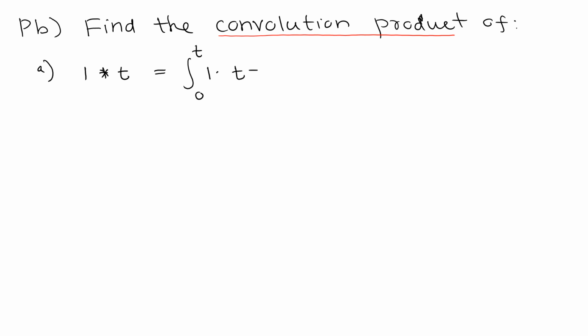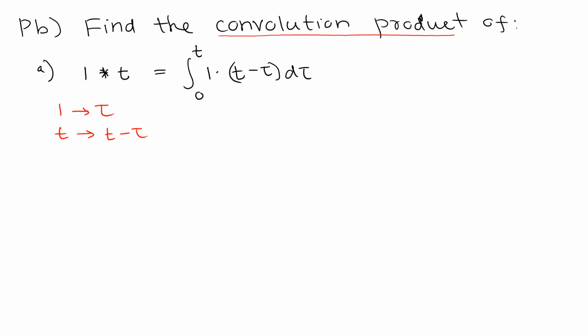That's what the definition says. The first function is 1, so it doesn't matter what parameter you put, it's a constant. The t becomes t minus tau. Then you integrate with respect to the new variable tau.